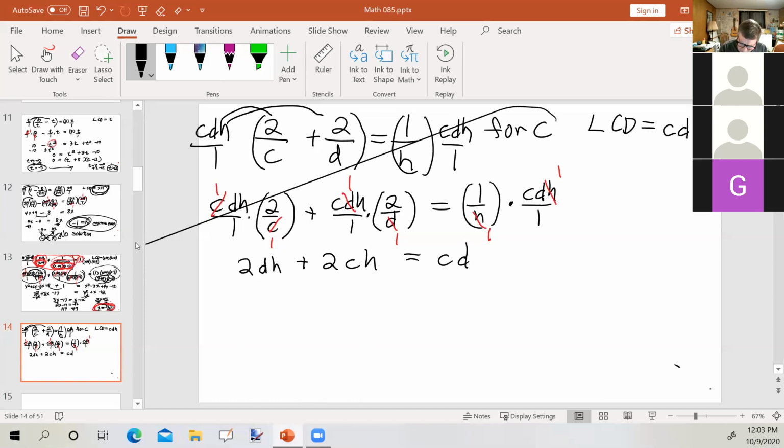Don't forget, I'm trying to solve for C. Now, my new equation, I've gotten rid of the fractions. That's good.